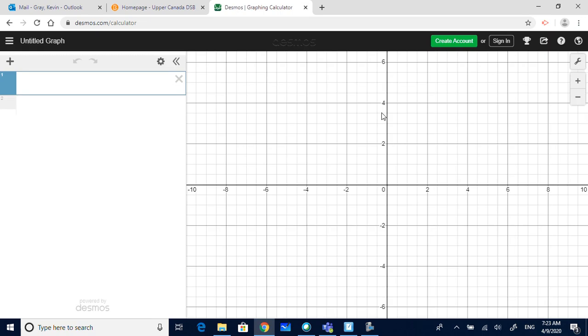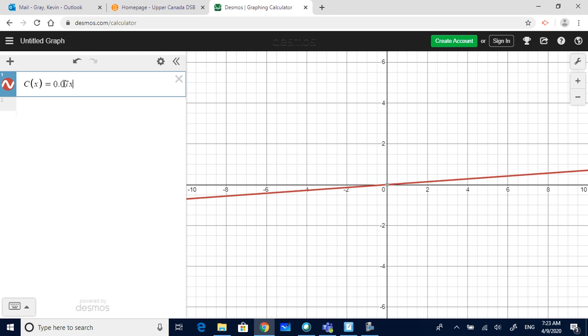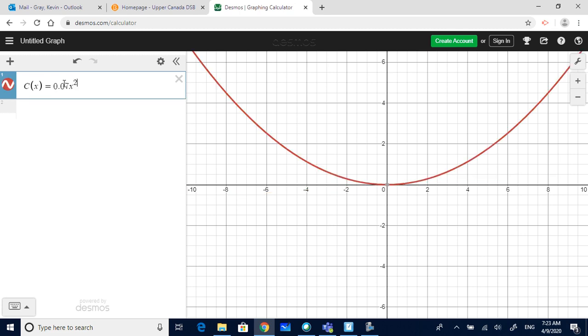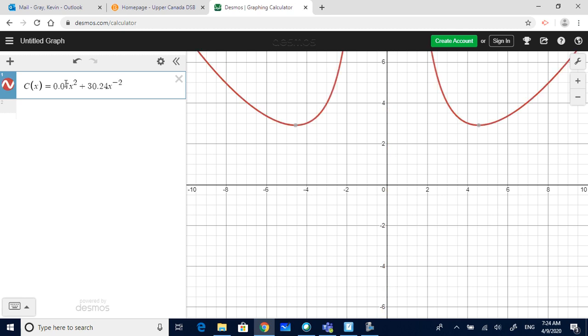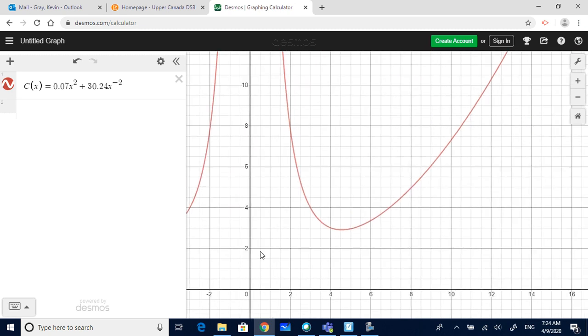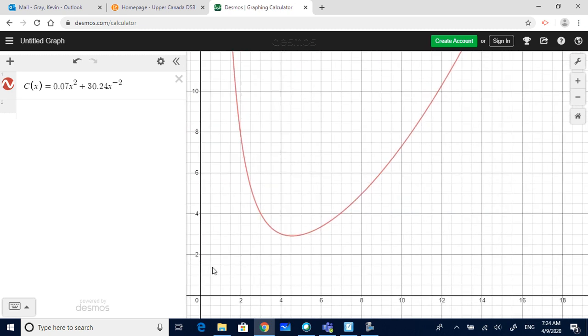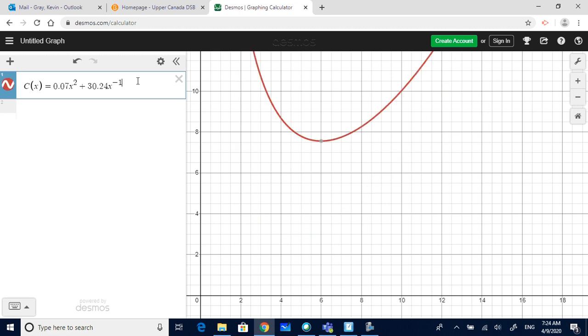Now I'm going to put in my cost function: 0.07x squared plus 30.24x to the negative 1. It's not negative 2, it's negative 1. That's a little bit better. And my interval of restriction is over here.